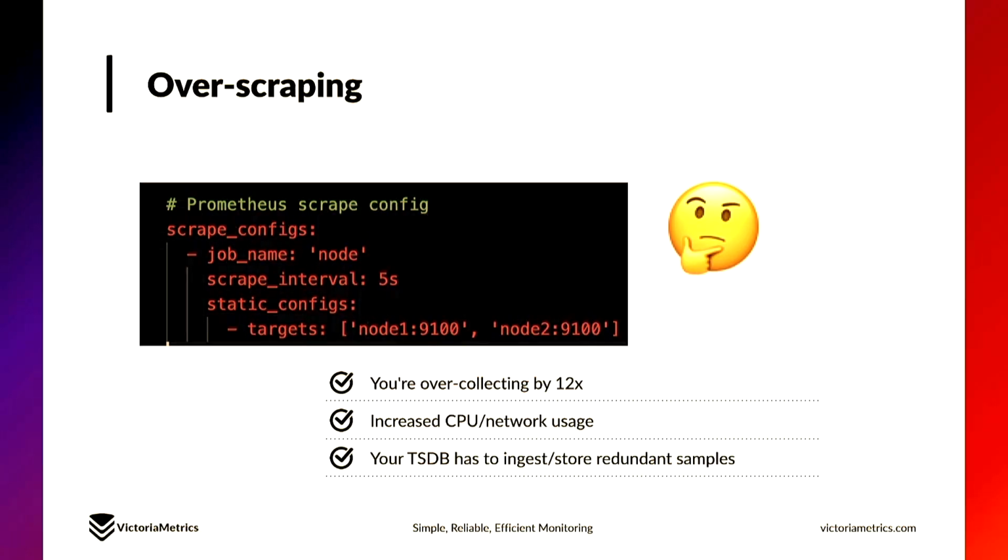What you're going to have is overscraping, and basically you're going to overcollect, and this will drive increased CPU and network usage, right? So let's not do that. That's not a very good idea, and you should always keep both in sync.